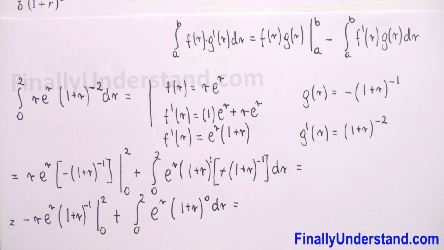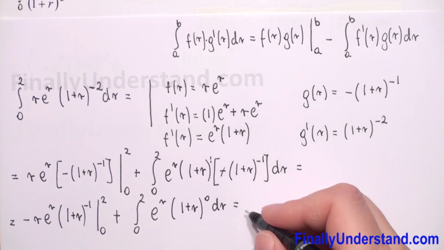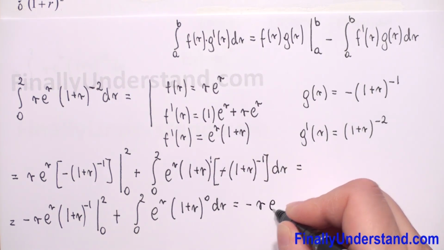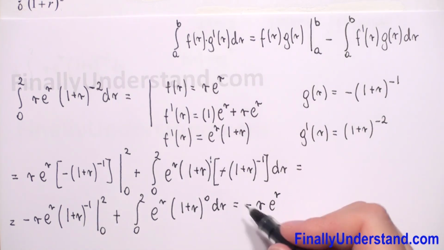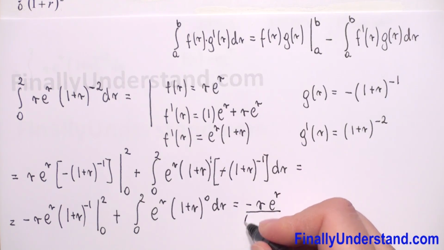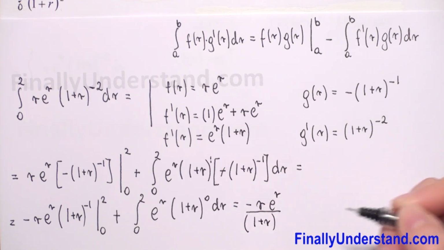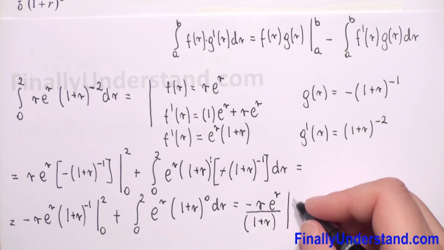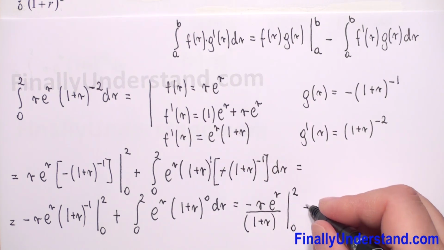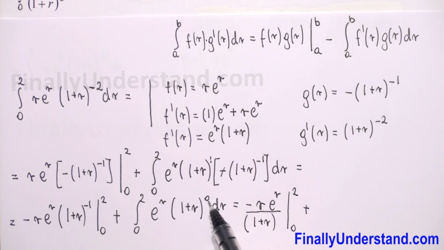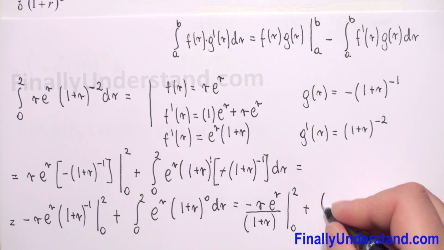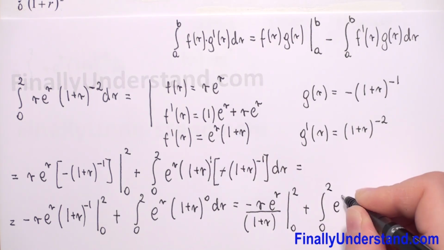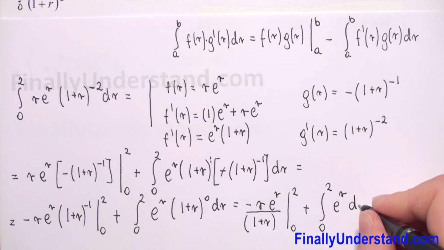This is equal. Let me rewrite the first expression. We have negative r e to power r, and because we have negative exponent 1 here, we can put this expression in parentheses into the denominator. To first power we don't need to write. We have limits from 0 to 2 plus, and now when we take 1 plus r to power 0, it will be 1. So we have the integral from 0 to 2 of e to power r only, with respect to r.